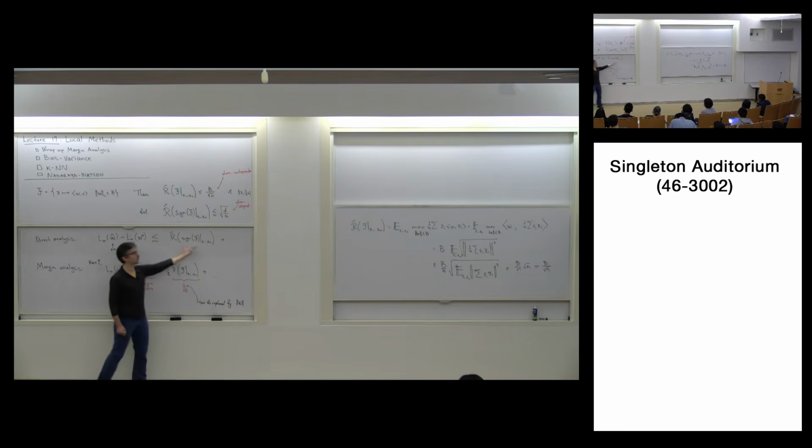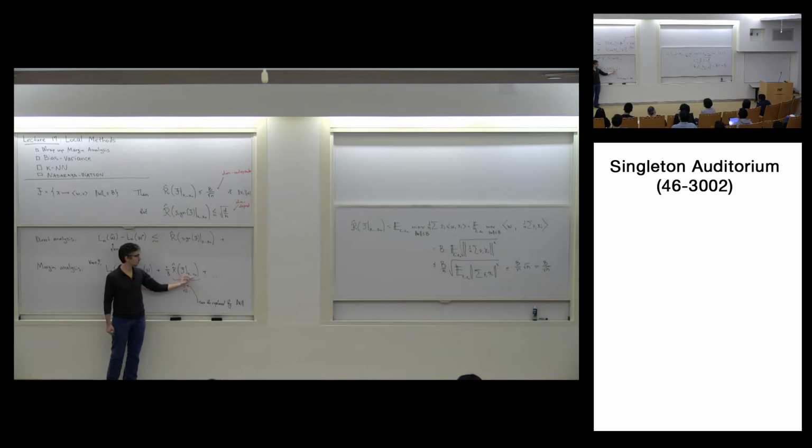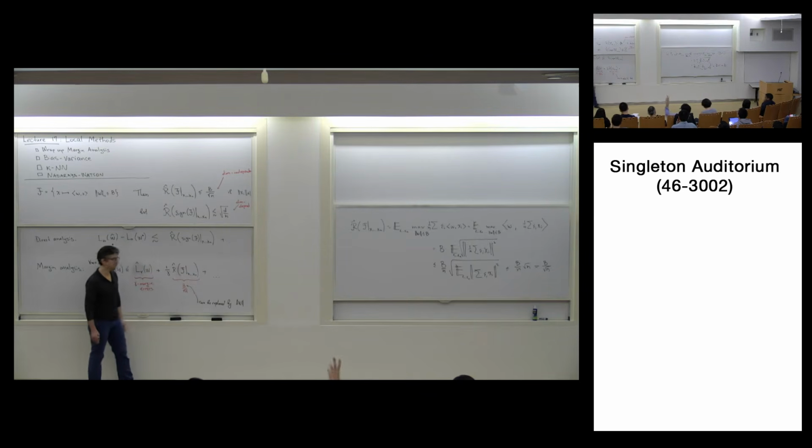For neural nets, this would have to depend on the number of neurons, for instance. But this type of analysis depends on the Rademacher averages of this class as a class of real valued functions. And that doesn't have to depend on the dimension. It can depend on the norms of the layers in the neural network. And that's what we're going to do a couple of lectures from now. Questions?